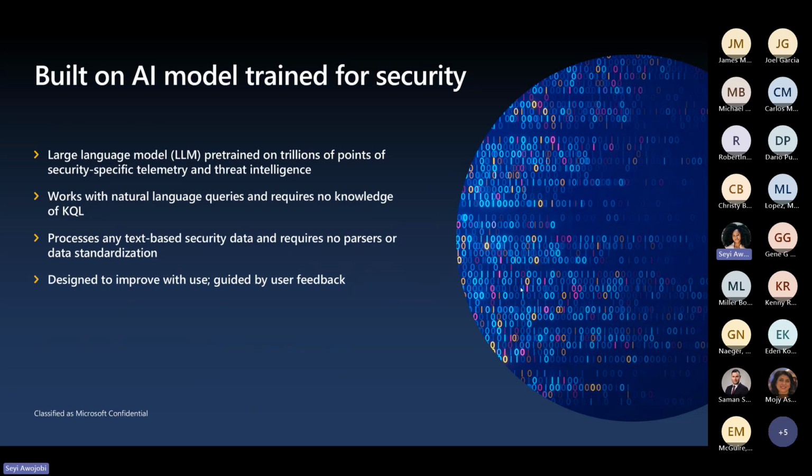We have trained the model on not just words, but on trillions of signals, such that you can input a line of code and ask it, what exactly is this code doing? Or if you do not know how to write KQL queries, you can say, go ahead and write this KQL query for me, and it will do that for you. We have done it in such a way that we can simplify the jobs of our security teams.